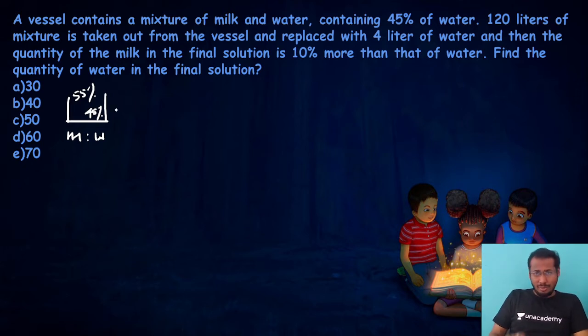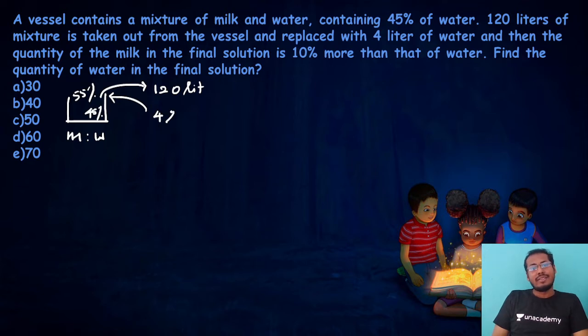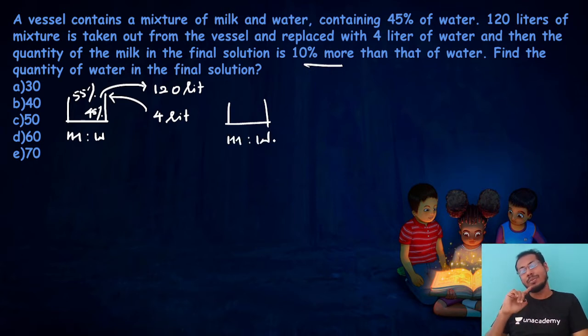Now 120 liters of mixture is taken out and only 4 liters of water is going to be added. And then the quantity of milk in the final solution is 10% more than that of the water. So the final solution also has milk and water, and milk is 10% more than the water.